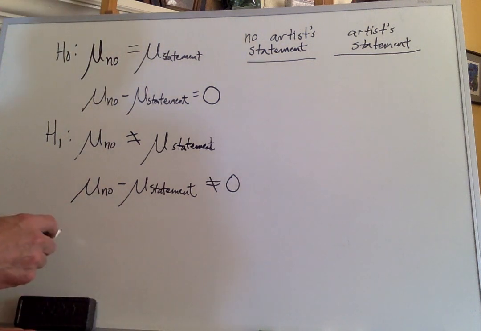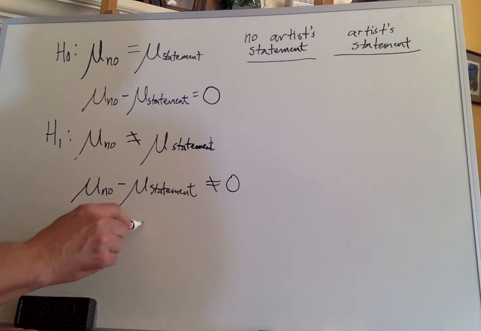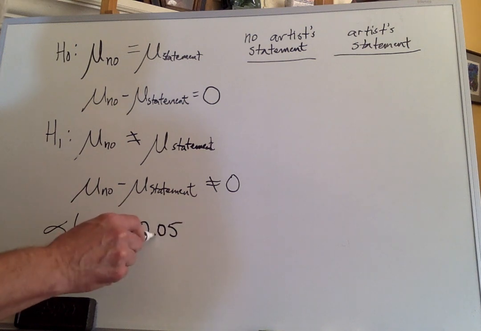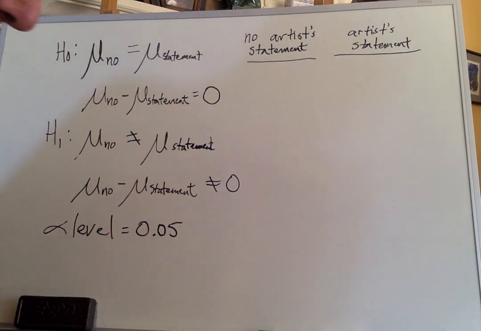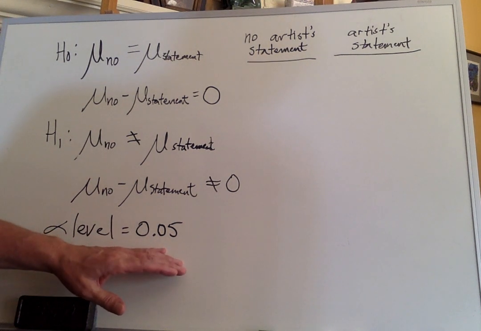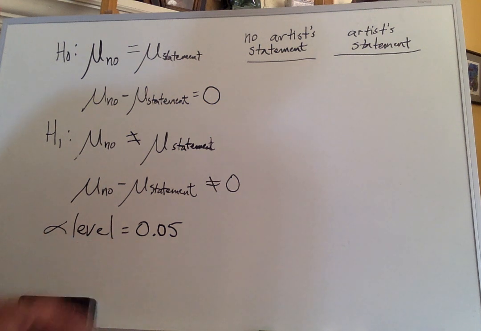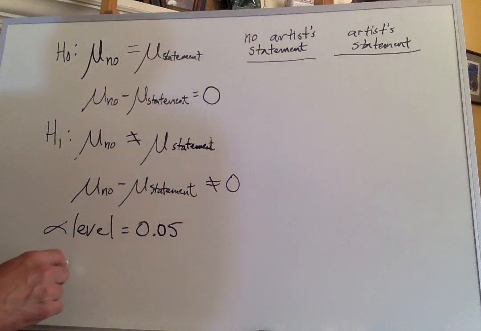Okay, then step 2, of course, I'm going to use an alpha level of 0.05. That's our standard level. That tells us what is the likelihood of making a type 1 error, and that's fairly low, 5%. I don't have any population parameters, and so I know I'm going to have to do a t-test here.